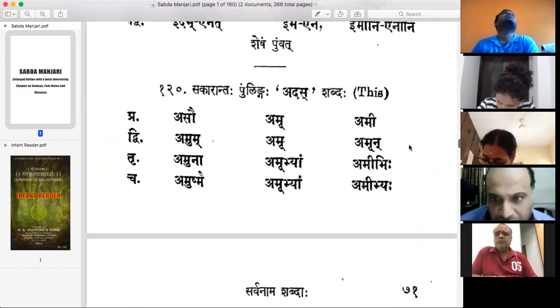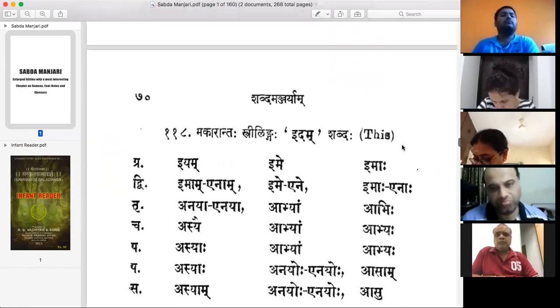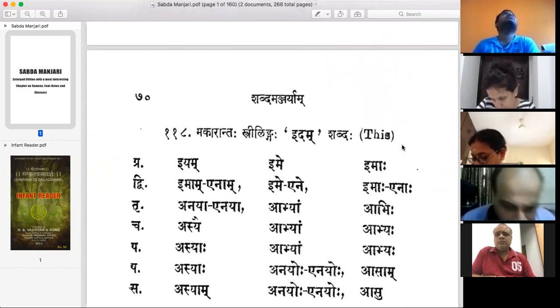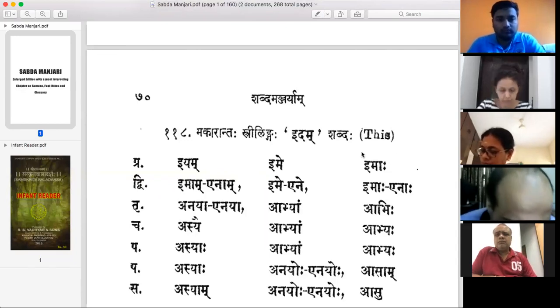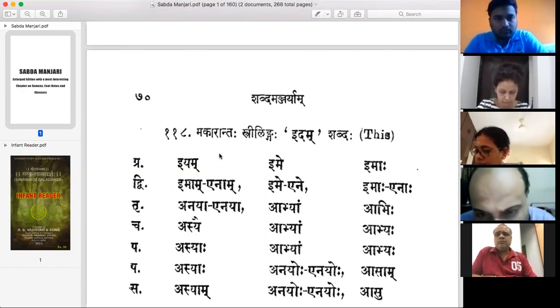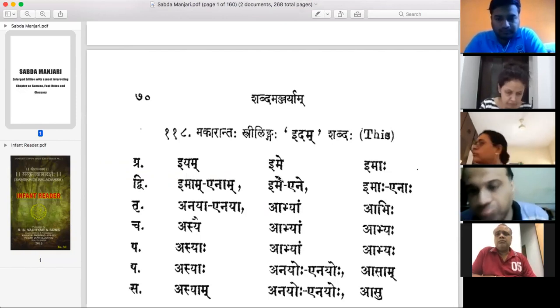Page number 70 in the Shabda Manjari. So Makarantaha Strilingaha Idam Shabdaha. So Iyam, Ime, Imaha. The same this.